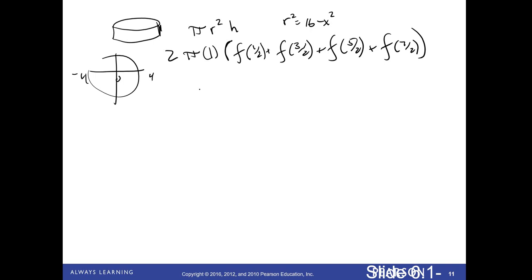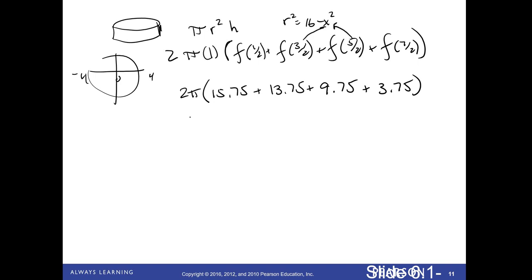So using a calculator, I'm going to get 2 pi times 15.75 plus 13.75 plus 9.75 plus 3.75. All of these are just found by plugging my x value into this function.